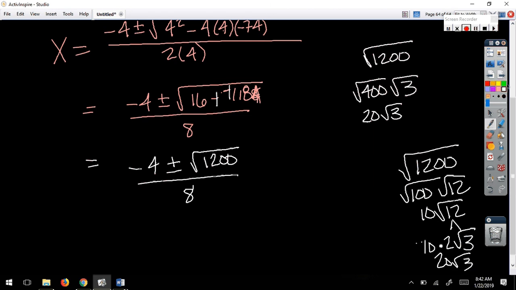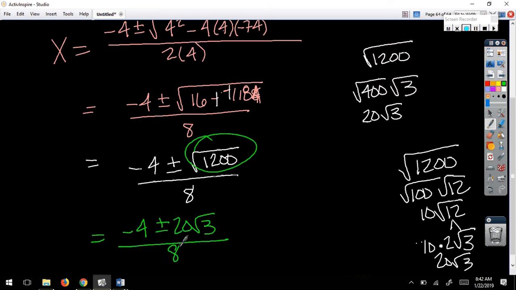So I've done all that work just to replace this. Am I going too fast? Are y'all following me? This is really more simplification than order of operations than it is anything else. 20 root 3 over 8.